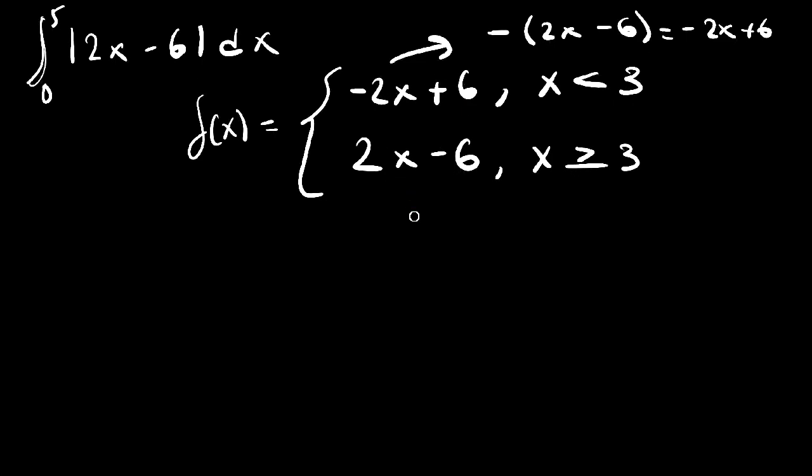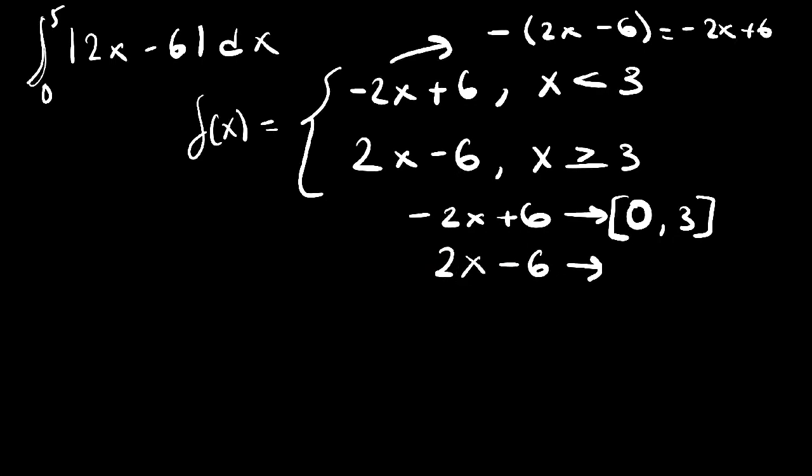We can say that negative 2x plus 6 applies from 0 to 3, and then 2x minus 6 takes it from 3 to 5, because we're going from 0 to 5.